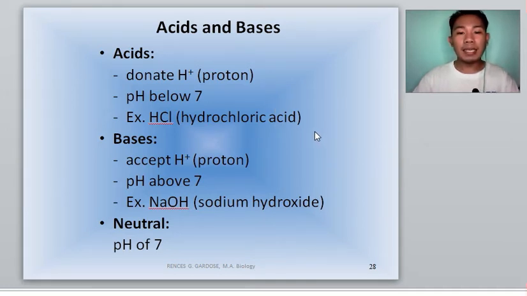Example of acids is your hydrochloric acid in our stomach. Bases accept hydrogen or H plus, and usually the pH is above 7. Example of a strong base is your sodium hydroxide, and the neutral pH is 7.